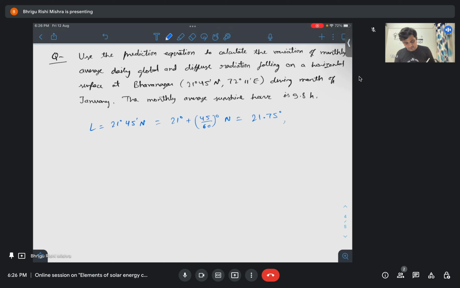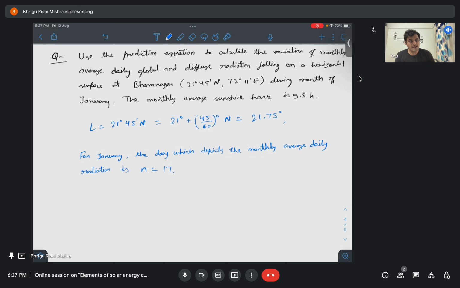So if we say for the month of January, which day represents the monthly average daily global and diffuse radiation, we found that for January the day which depicts the monthly average daily radiation is n equals to 17.